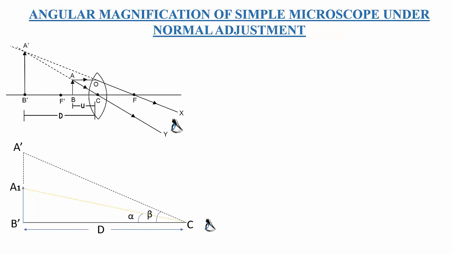Then observe here. We are going to find the angular magnification. Angular magnification is given by the equation m equals beta divided by alpha.